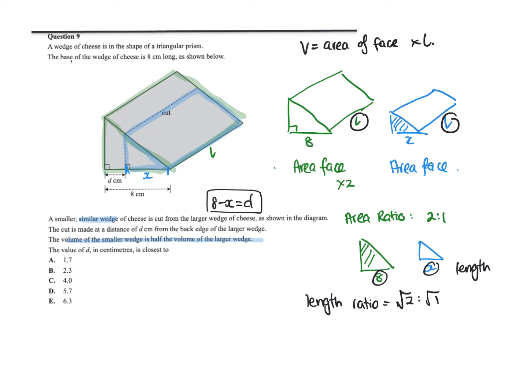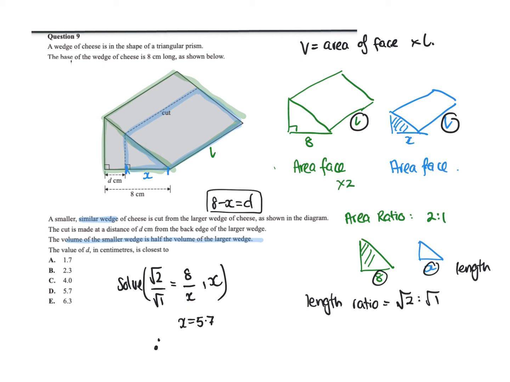Once we've got it like that, we can just compare it, and you can still leave it in the square root. It won't make any difference. So we pop that in. Square root 2 over square root 1 must equal the 8 over the X. So we say 8 over X, and we can just pop in solve, comma, X, and we end up with X is 5.7.